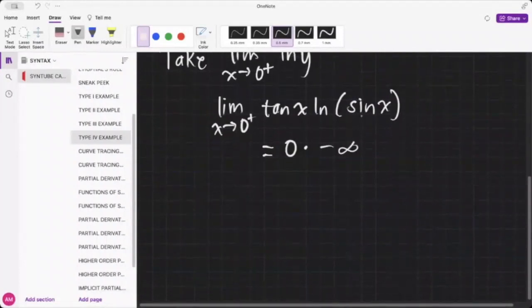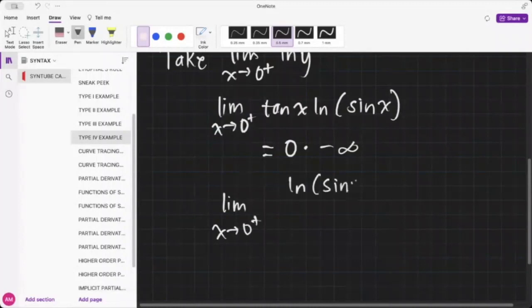So, what do we do with type 2 indeterminate forms to convert it to type 1? We choose one factor to become a numerator and one factor that we reciprocal and put in the denominator. So, the more complicated one here seems to be ln of sine of x. So, let's put it in the numerator: ln of sine of x, over 1 over tangent of x.